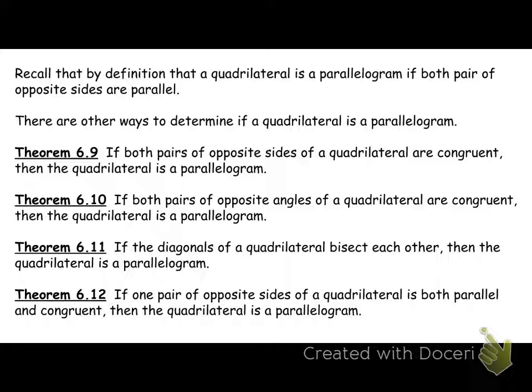If the diagonals bisect each other, the quadrilateral is a parallelogram. If one pair of opposite sides is both parallel and congruent, then the quadrilateral is a parallelogram. So instead of knowing it's a parallelogram and that all this is true, now we have to look and say, can we show it's a parallelogram?